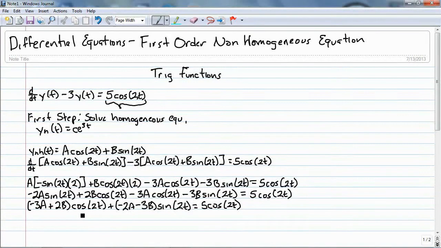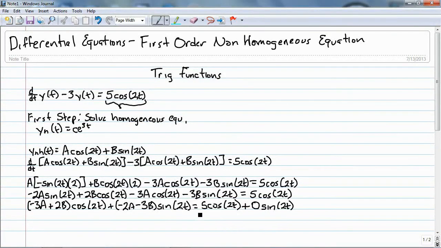Well, I have a cosine on the left, I have a cosine on the right, but I have a sine on the left and no sine on the right. So let's change this just a little bit. Put a sine on the right hand side. I'm going to put 0 sine 2t.